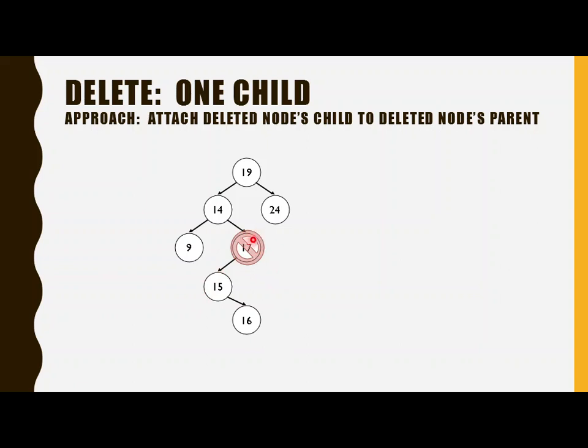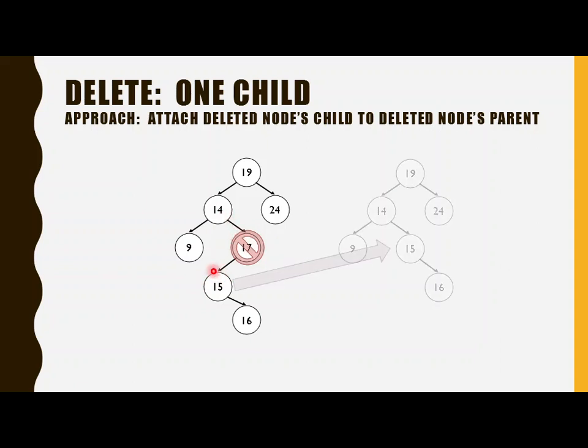What you really need to do is just get rid of this and make this reference sort of point around where that was. In fact, if you simply make this reference here point down to the child of 17, you've accomplished your task, and it doesn't disturb the properties of the binary search tree. So in that case, all you have to do is map around that, right? Set your reference from its parent to its child.